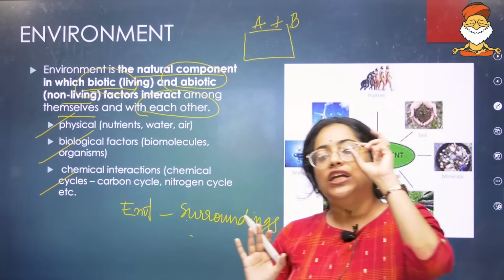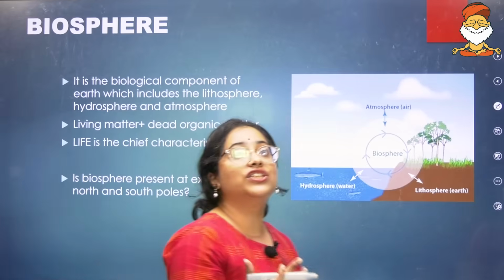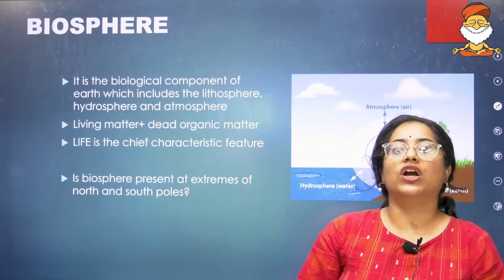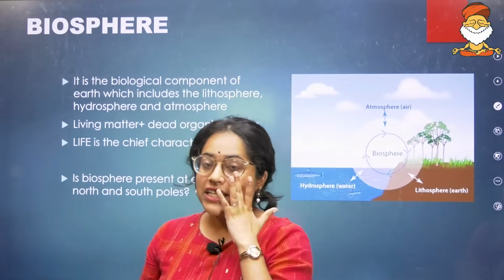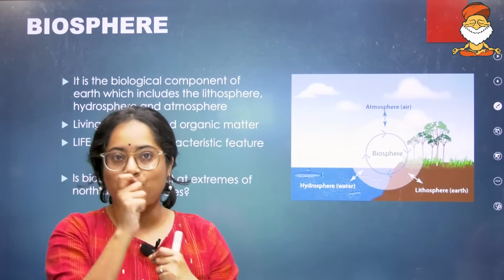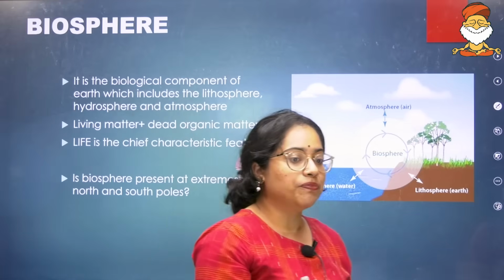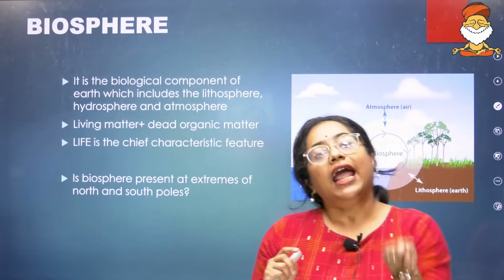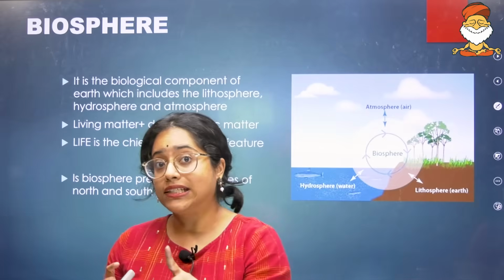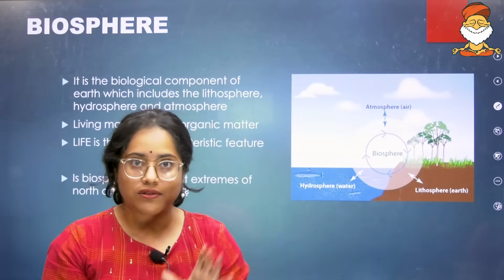Got it? If this is environment, the next term I want you to get introduced with is something called as biosphere. See, first understand these terms individually and then I'll tell you the pointer which you can use to differentiate between each. See, in environment, I told you, what is there? Biotic factors and abiotic factors, right?